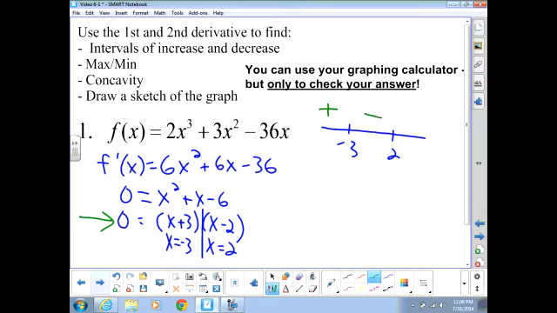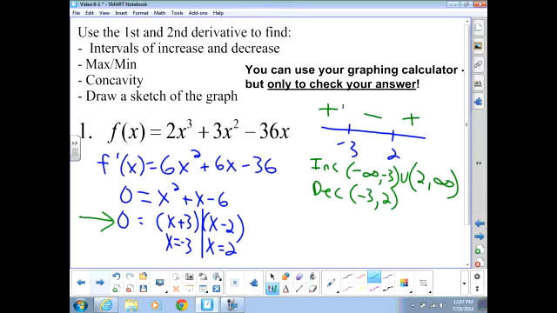And +10 million will give you positive times a positive, which is a positive. Meaning our intervals of increase will go from -infinity to -3, the union of that with 2 to infinity. Our interval of decrease will go from -3 to 2.